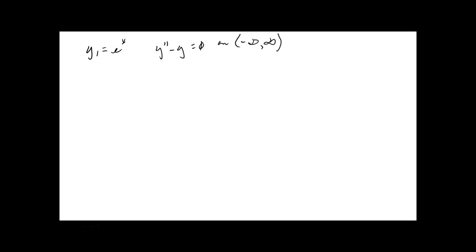Okay. Now, if you tried to come up with a different solution, well, you'd probably come up with that same one again. You know, there's got to be another because it's a second order differential equation. You need two linearly independent solutions. So we need to come up with another one, but just looking at it, it's not completely obvious what that would be.